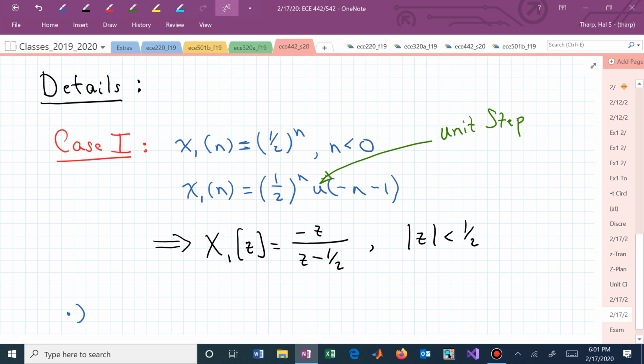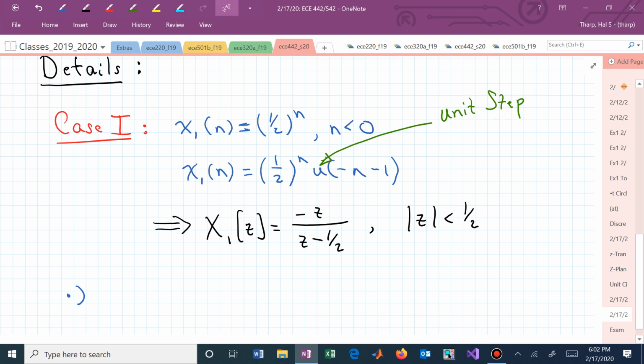You now should be able to derive this z transform by our comparison of these sums of terms, then scaling one of those by the common ratio, then taking their difference, and then solving for capital X sub 1 of z.